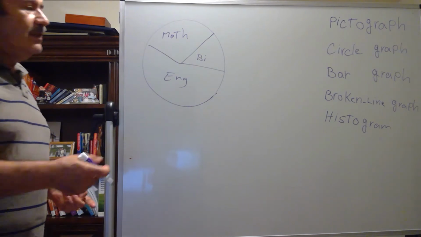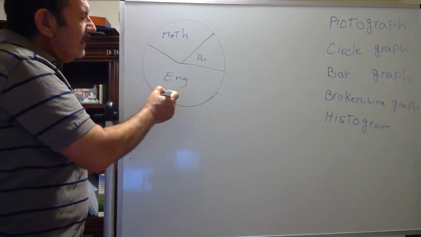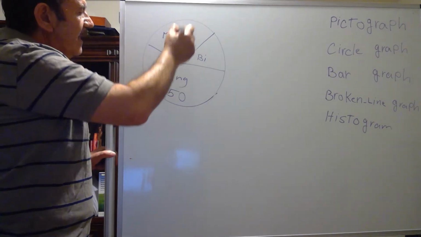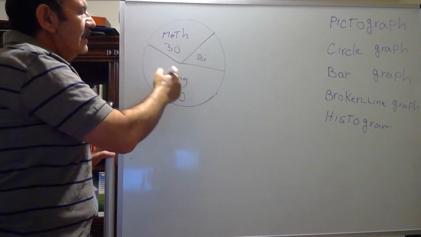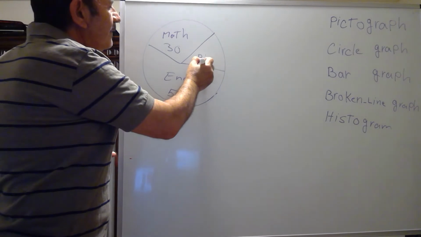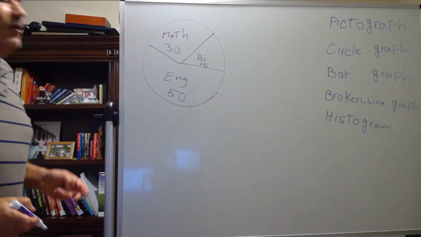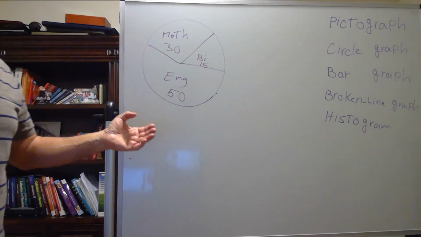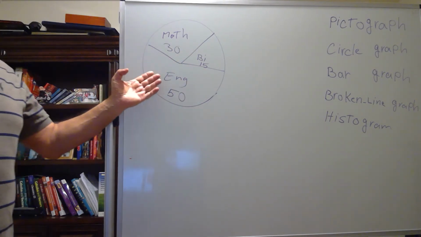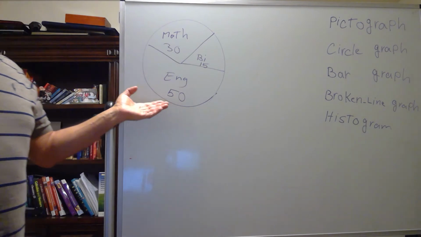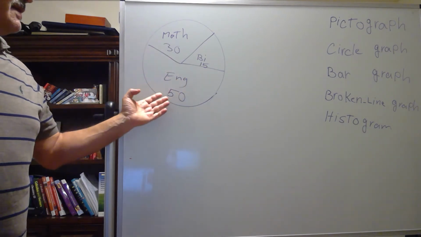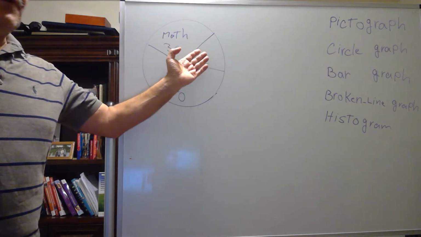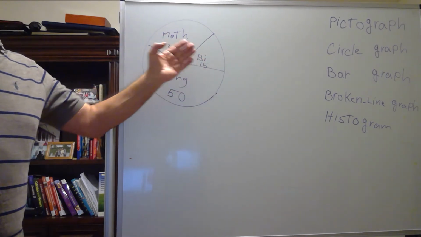Again, we can write this one as an example. In English class, we have 50 students. In math class, we have, let's say, 30 students, and in biology class, we have 15 students. Or sometimes we show the information using percent. Let's say, just as an example, English is 60%, this one is 40%, and this one is 15%.